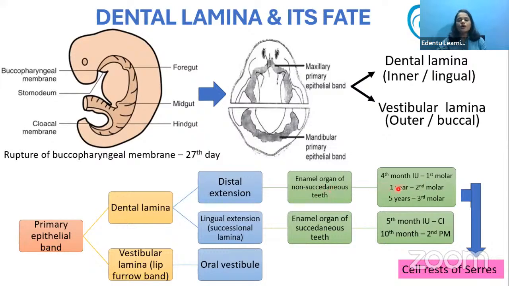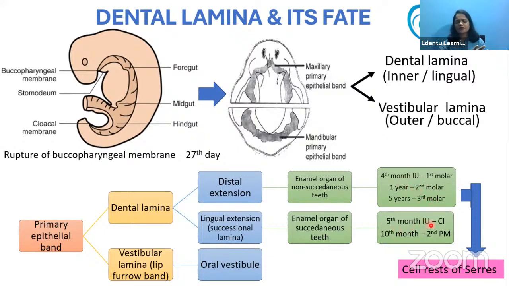So what is the active period of the dental lamina? The first permanent tooth to form will be the first molar, whose formation will start around the 4th month in utero.